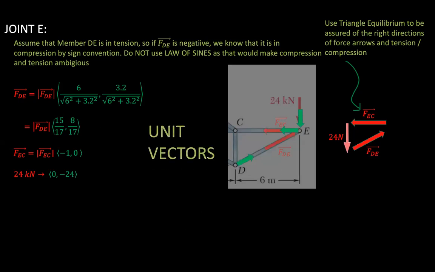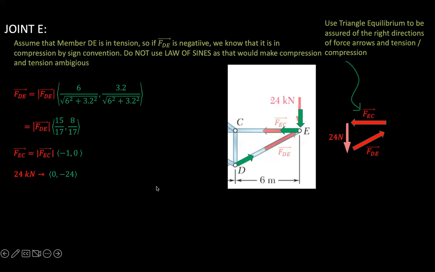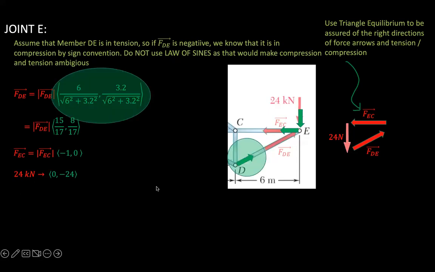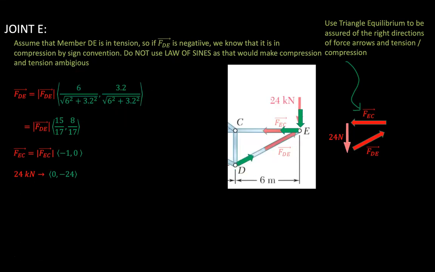These are the unit vectors, except for the 24 kilonewtons, that isn't actually a unit vector, because the magnitude of that vector isn't 1. So just ignore that part. So these are the unit vectors, vector 1, vector 2. And then the final vector isn't a unit vector, but it's the vector in the direction of the force.